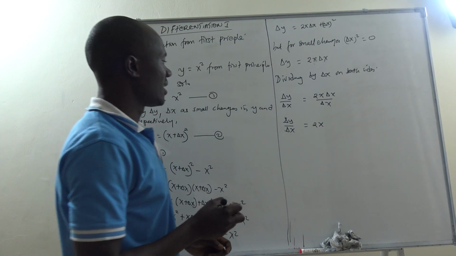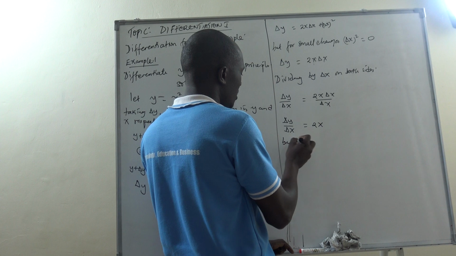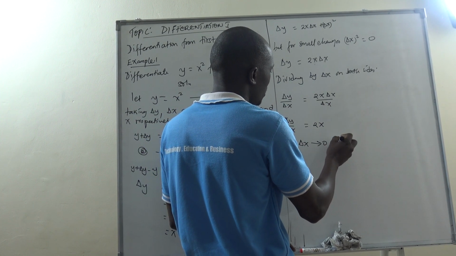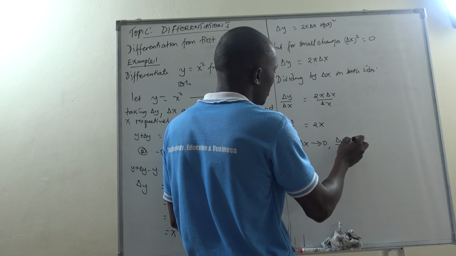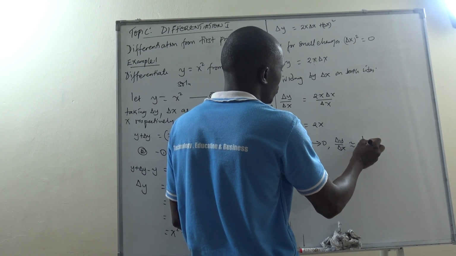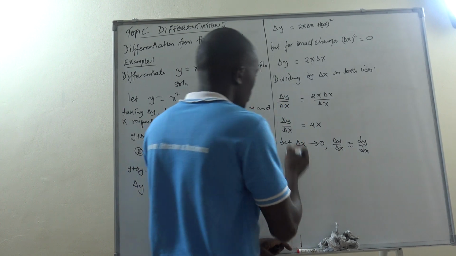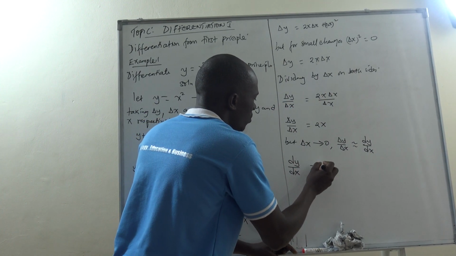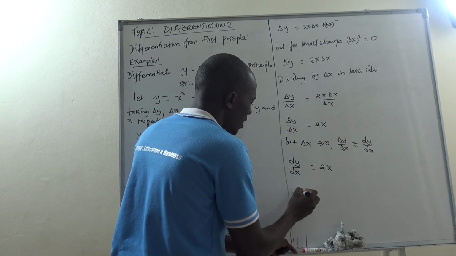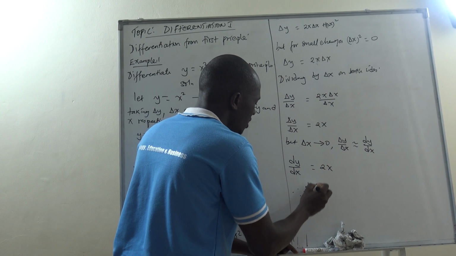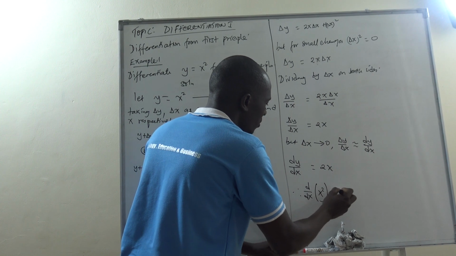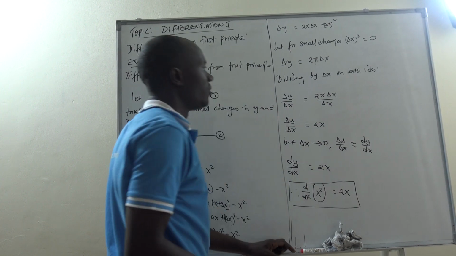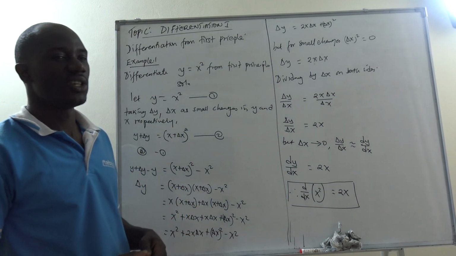But as delta x tends to 0, delta y over delta x is approximately equal to dy dx. So what does it become? It becomes dy dx equals 2x. You can say therefore d dx of x squared is 2x. It means we have differentiated it from first principles.